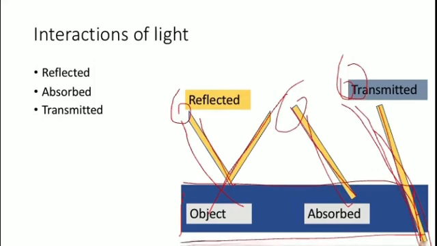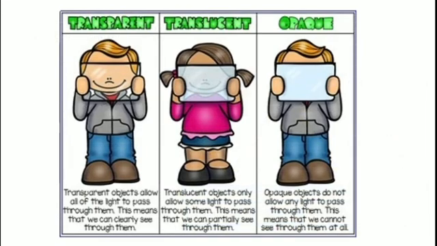One is reflected, one is absorbed, one is transmitted. So reflected is nothing but the opaque objects. Absorbed is nothing but the translucent objects, and transmitted is nothing but the transparent objects. Now, as I said in the last class, transparent objects allow all of the light to pass through them.